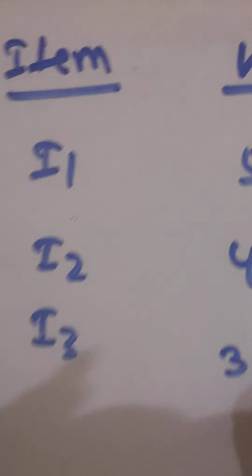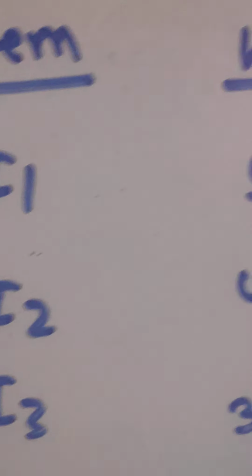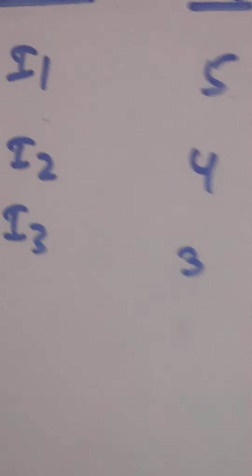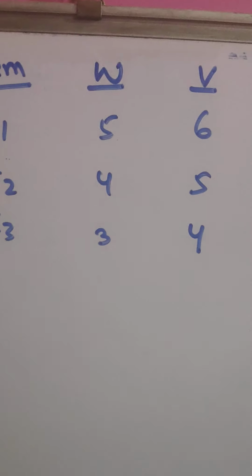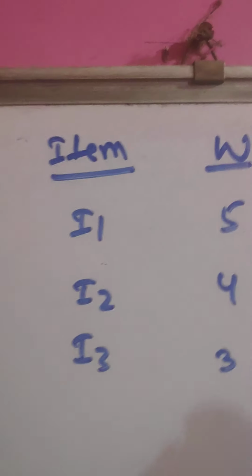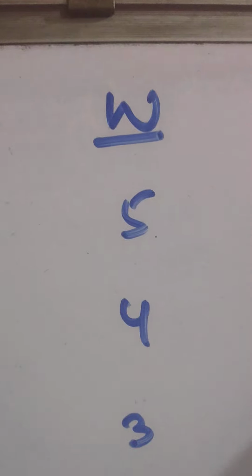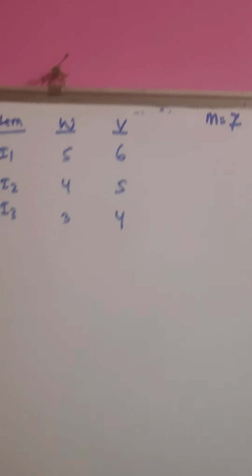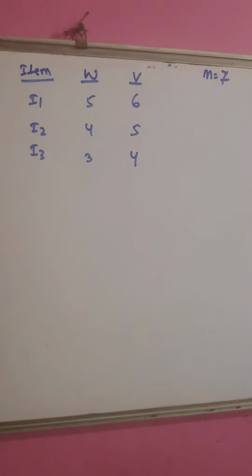Weight is given: let it be 5, 4, 3. Let the value of the first item be rupees 6, then rupees 5 and rupees 4. And the bag size is given, M is equal to 7 kg. So you have to solve this knapsack problem using the branch and bound technique.